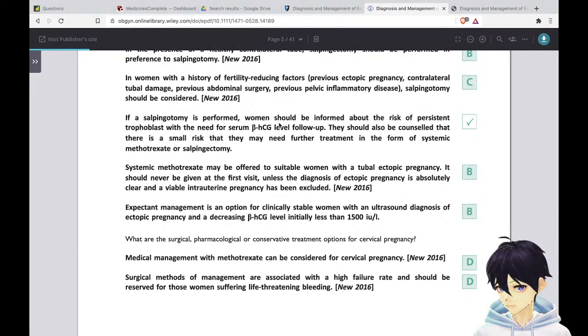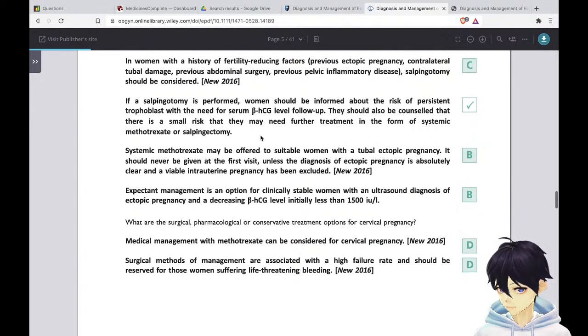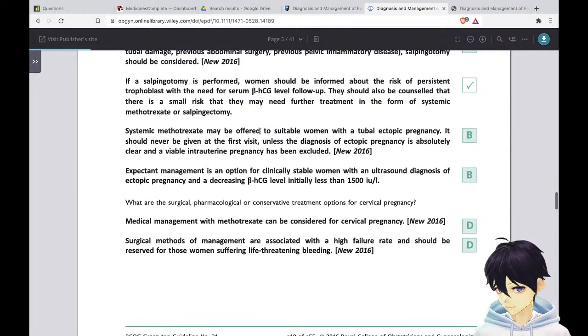If salpingotomy is performed, women should be informed about the risk of persistent trophoblast with the need for serum beta-HCG level follow-up. They should also be counseled that there is a small risk that they may need further treatment in the form of systemic methotrexate or salpingectomy.